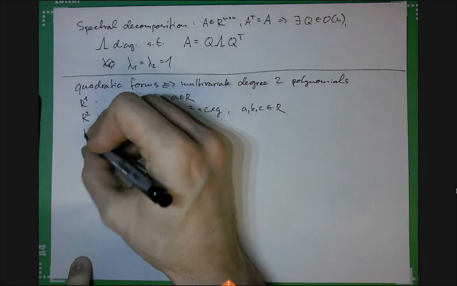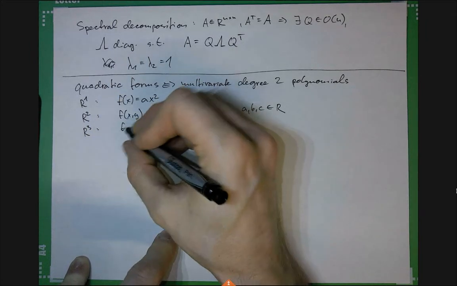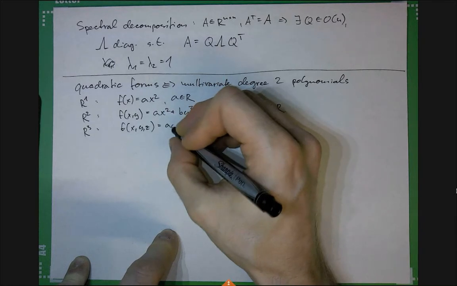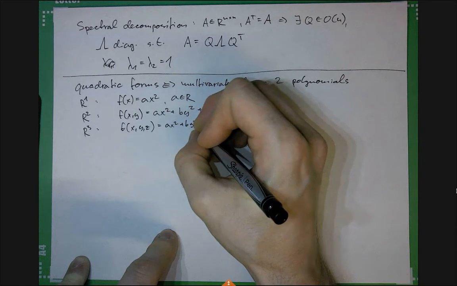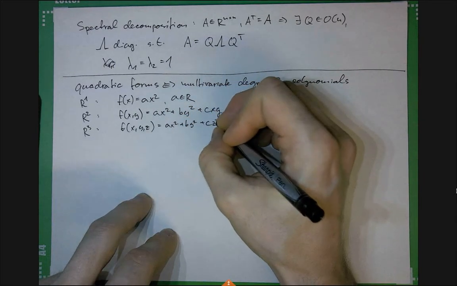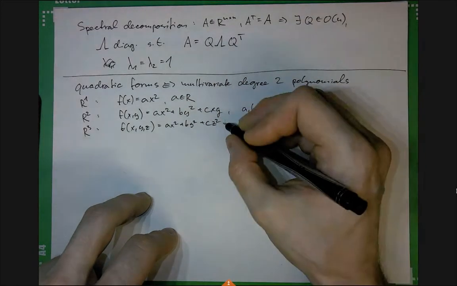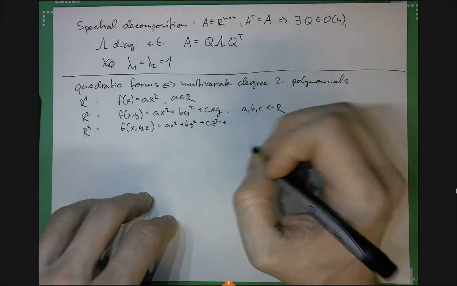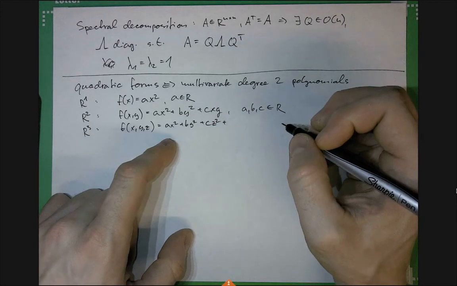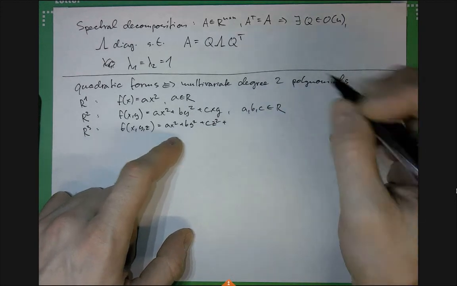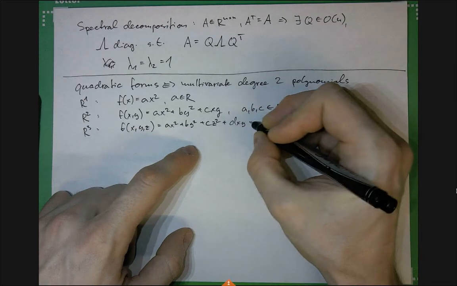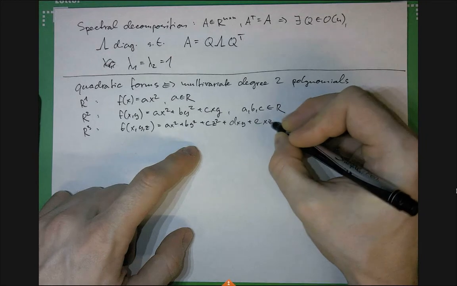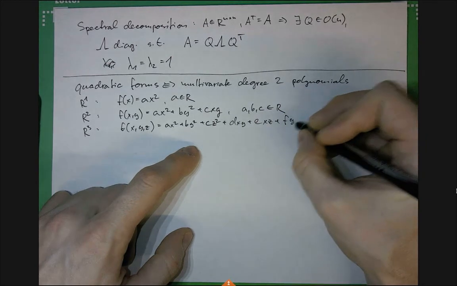So of course I can also go to R3. I would have 3 variables here. So I can do this, plus by squared plus cz squared. How many terms will I have there? Just to make sure you're awake before I write them down. 6, yes. So I'm picking all combinations of 2. Why is that?